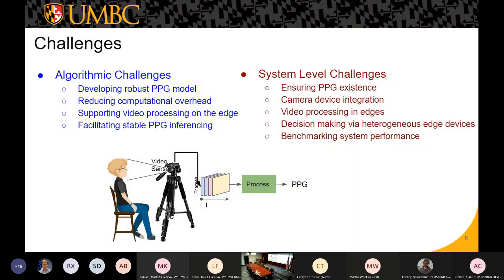These are the algorithmic challenges, and there are also engineering and system-level challenges. Firstly, we have to make sure that cameras contain the rPPG signal, that means the diffusion signal inside. Since we are using off-the-shelf cameras, how are we going to integrate these cameras into regularly used devices?